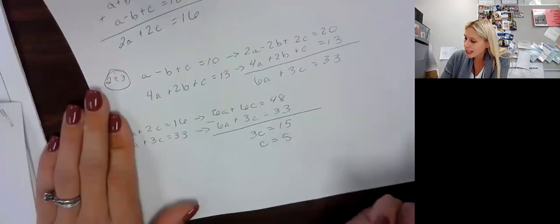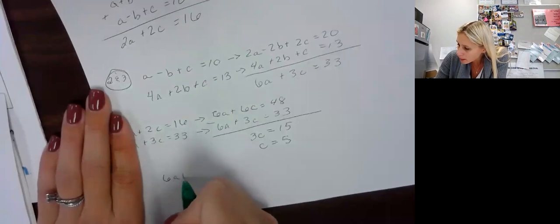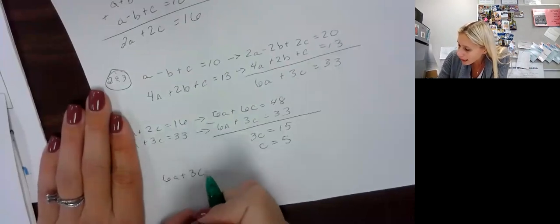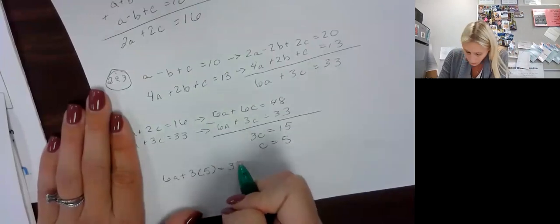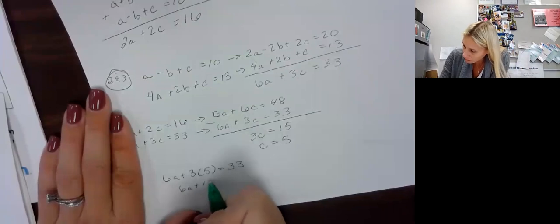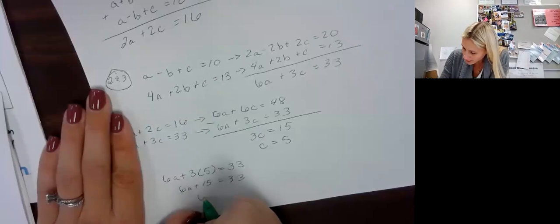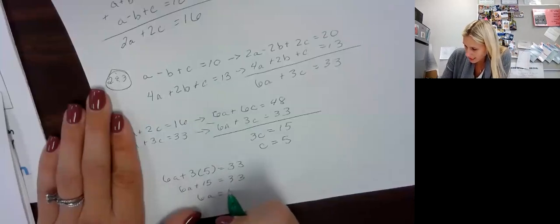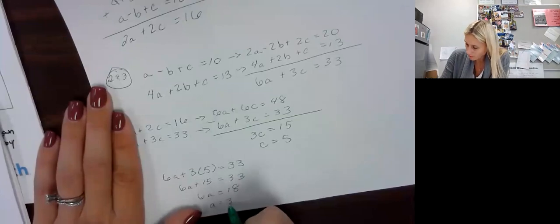So if I do that, let me plug it in here. So I get 6A plus 3 times 5 equals 33, and I solve 6A plus 15 equals 33. 6A equals 18. So A equals 3.